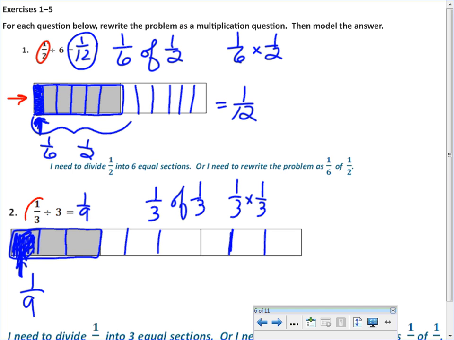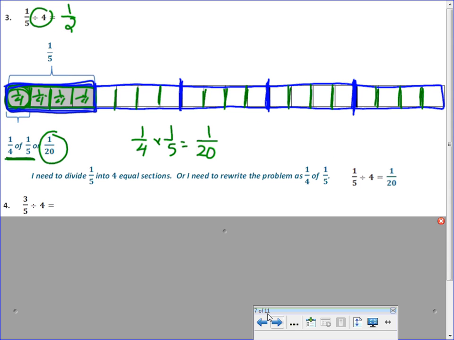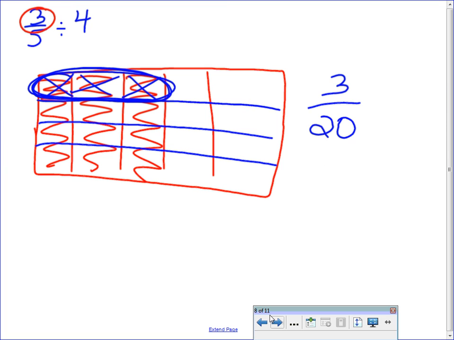We had 1/3, we could do 1 row tape diagram and it worked. 1/5, 1 row of a tape diagram and it worked. But now we have 3/5 that we're dividing. So because my numerator is not 1, I'm going to draw my model like this. Let's do this one again.